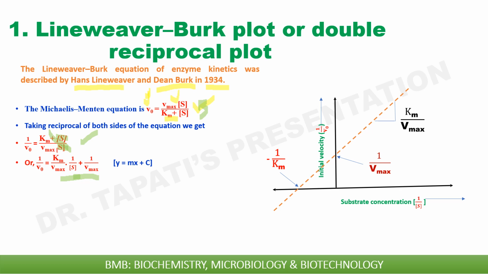So the overall Lineweaver-Burk equation is 1 by V0 equal to Km by Vmax into 1 by S plus 1 by Vmax.